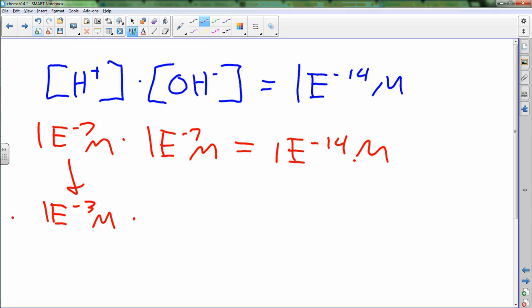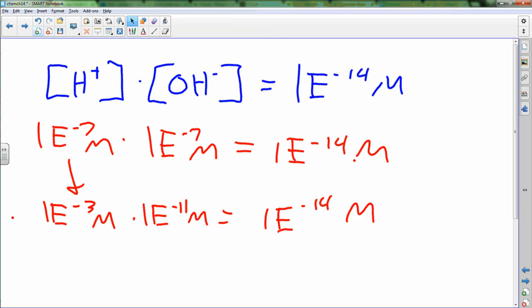That means there's going to be a whole lot less of the OH minus. And because these always have to multiply to 1 times 10 to the negative 14th, we would divide by 1 times 10 to the negative 3, and we would get 1e to the negative 11th molar.